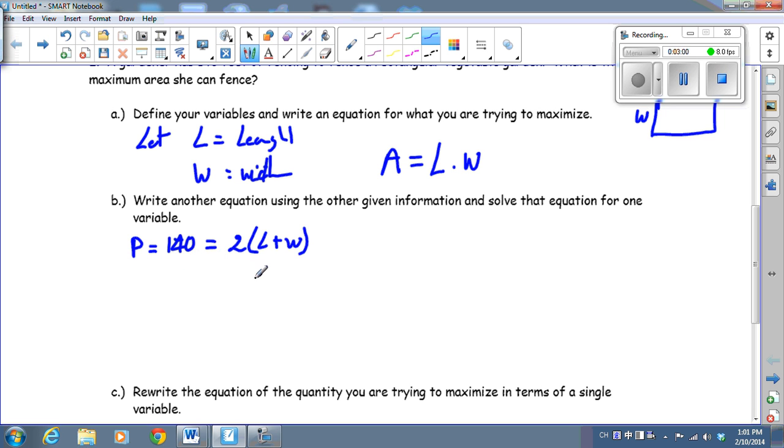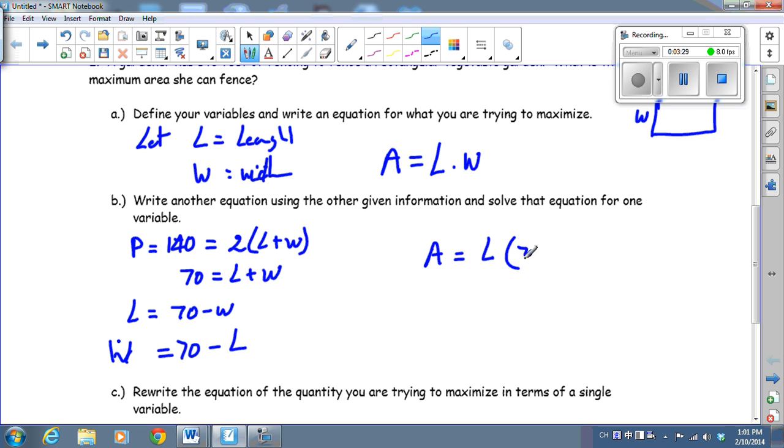If I solve this one, I will say 70 is equal to the length plus the width. So I can end up with length is equal to 70 minus the width, or I can also say the width is equal to 70 minus the length.